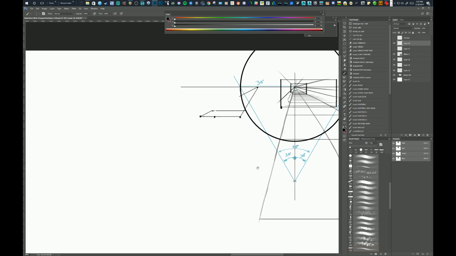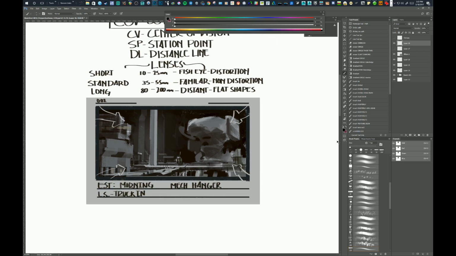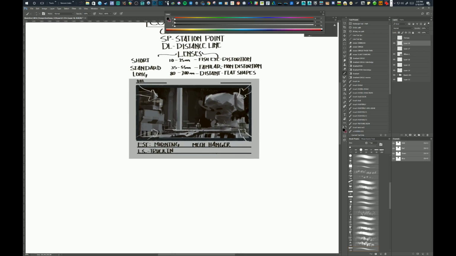But if I already have a scene developed that I sketched out already, I will already sort of identify this as a longer lens. The horizon line is up higher. I'm seeing this large-scale object and this medium-scale object in the same view, and this might be more of an 80 millimeter lens rather than a 200, because I can still see underneath the object here.